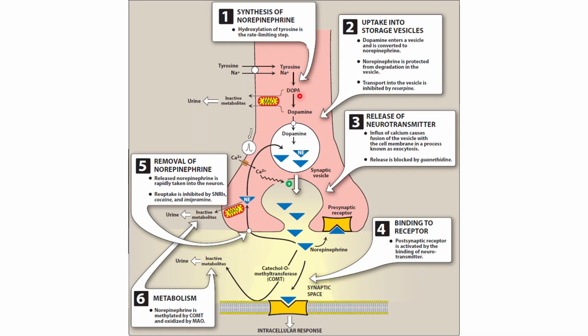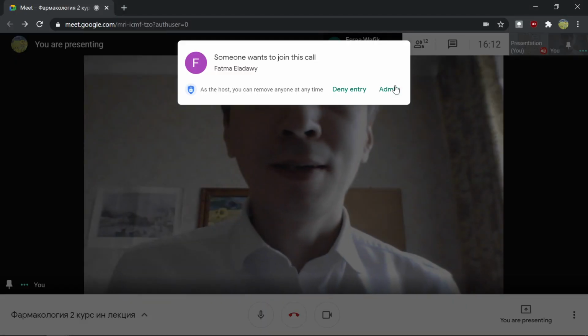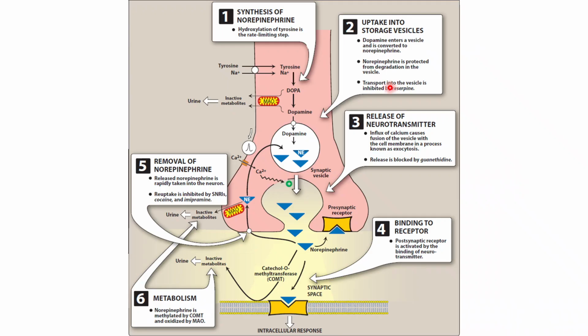DOPA can be metabolized by enzymes, or it can be converted to dopamine, and then the dopamine will enter the vesicles and will be converted to norepinephrine inside the vesicles.